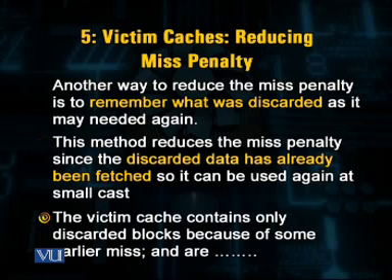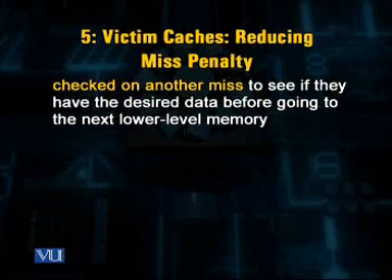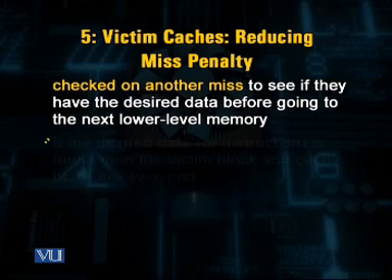The victim cache contains only blocks discarded because of some earlier misses, and is checked on another miss to see if it has the desired data before going to the next lower level memory.